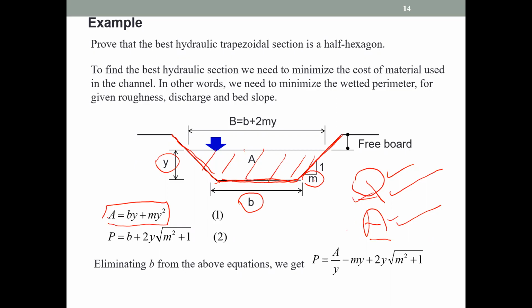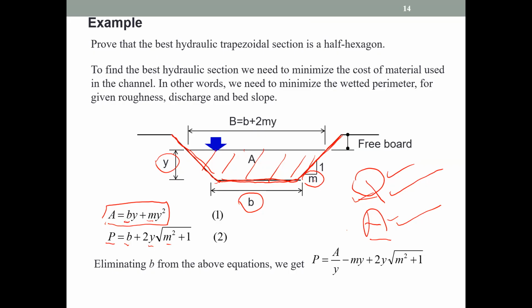So I will consider this is A, the cross-section area, and this is the wetted perimeter. These are the two equations that we derived earlier for the trapezoidal section. Now you can understand that they are in terms of the width b, y, and the slope m. So we know that b is a variable, m is also a variable.